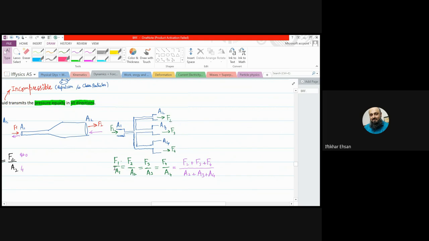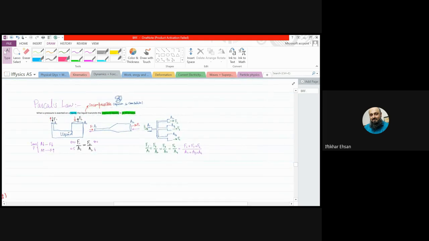Same formula: F1 over A1 equals F2 over A2. Pressure will be the same everywhere. Even F1 over A1 equals F3 over A3, and F1 over A1 equals F4 over A4. Even if you add all the forces and all the areas, total force on the right side divided by total area on the right side will be equal to F1 over A1. So that is Pascal's law.